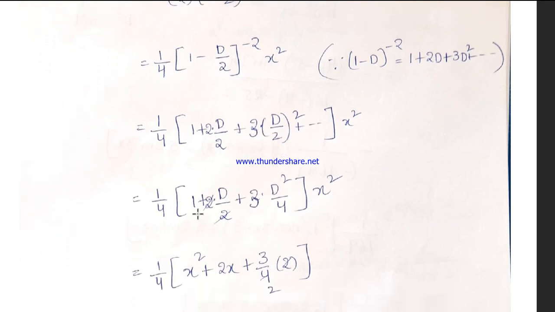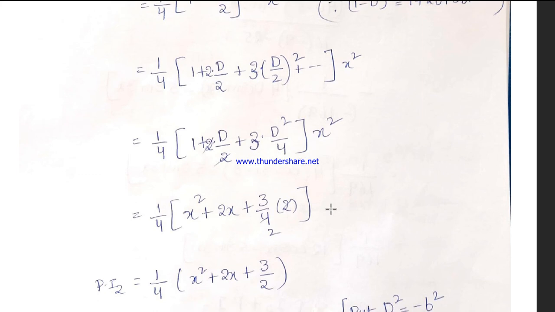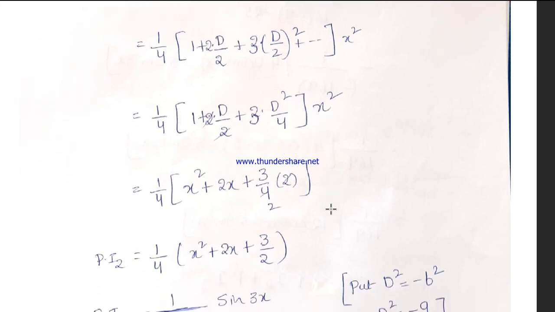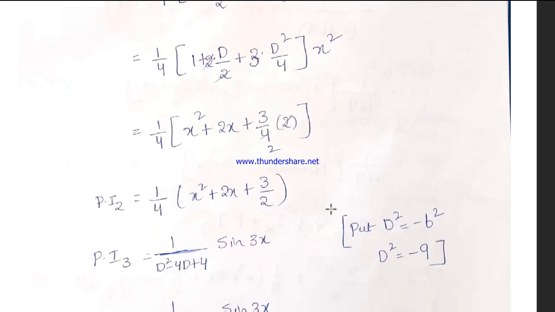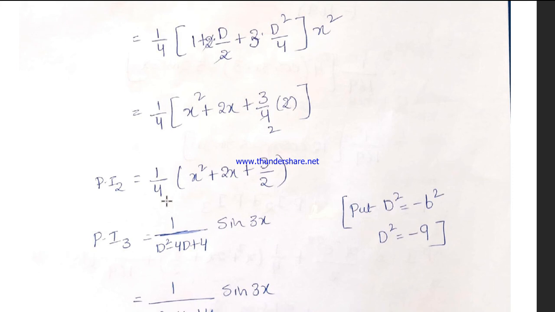So multiply with x square, we get 1 by 4 into x square plus 2x, derivative of x square is 2x, plus 3 by 4 is constant, D square of x square: first order derivative is 2x, second order derivative is 2. So into 2 you can write, cancel in 4, that is 2 times, then we get PI2 equal to 1 by 4 into x square plus 2x plus 3 by 2.